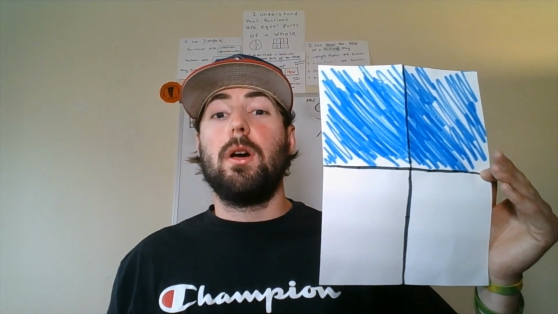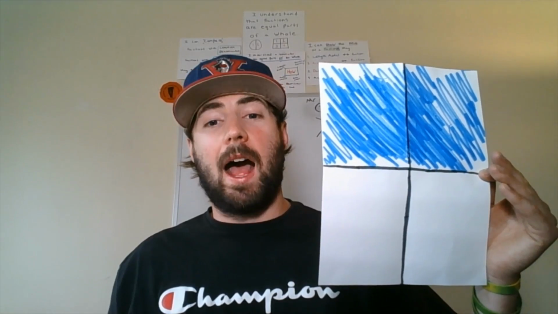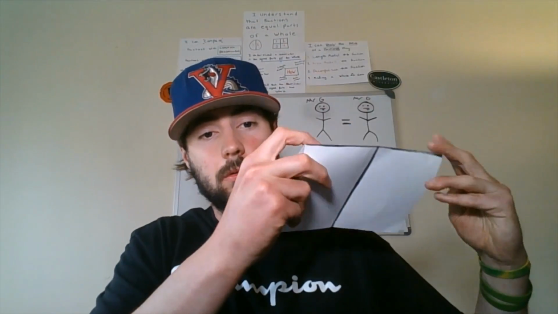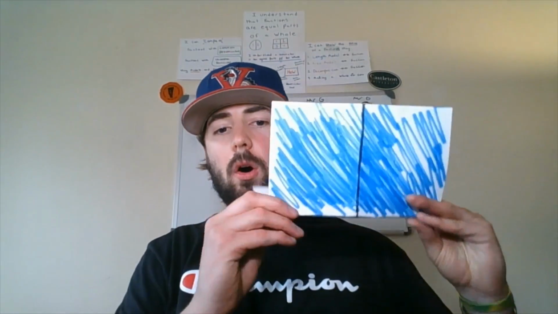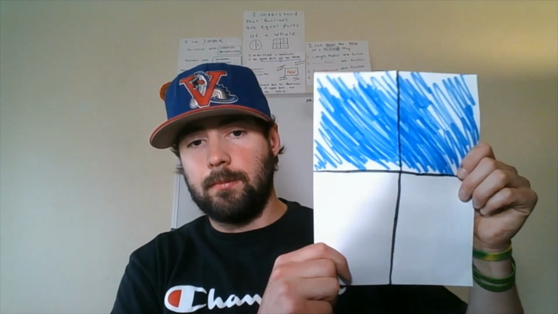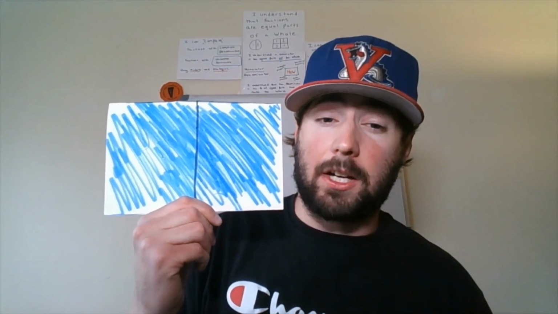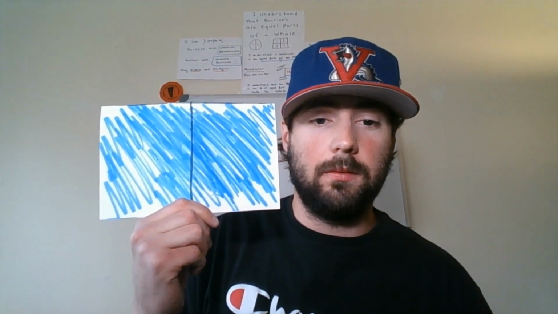So, cue the text feature once more. 1/2 can actually be equal to 2 fourths. When the whole stays the same, the paper didn't change, but we are only trying to find equivalent fractions, which we know are less than a whole.